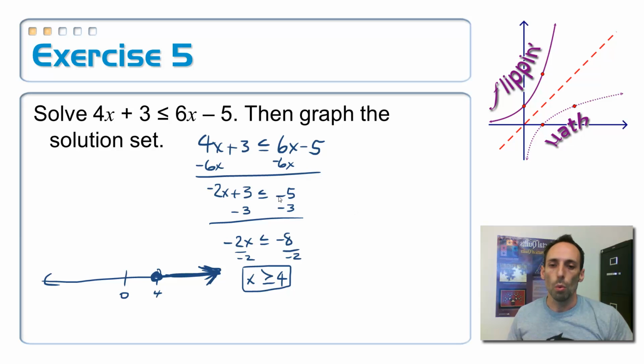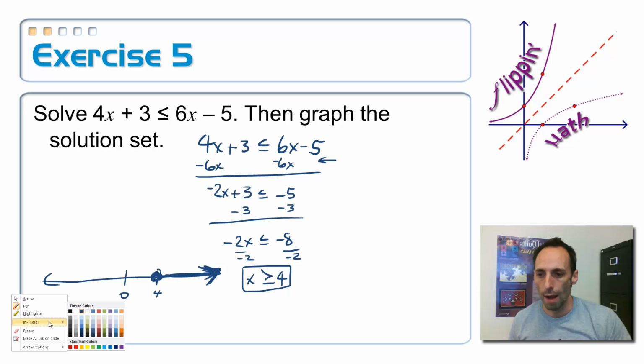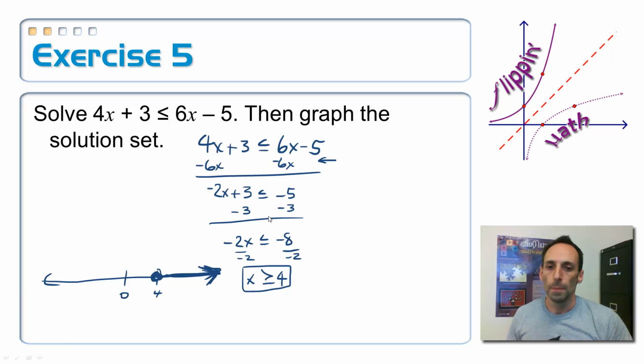It's very, very simple. What if I go back to the first step of the equation right here, let me just change colors so it makes it more obvious. I'll make it red. Okay, instead of subtracting the 6x, what if I subtracted the 4x?